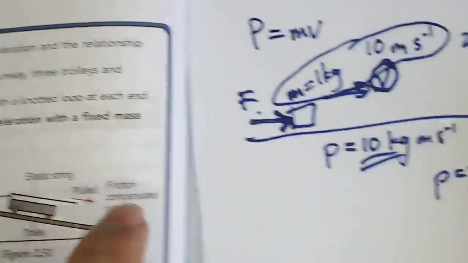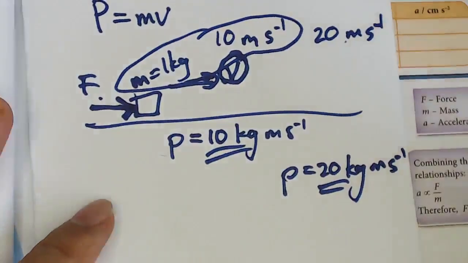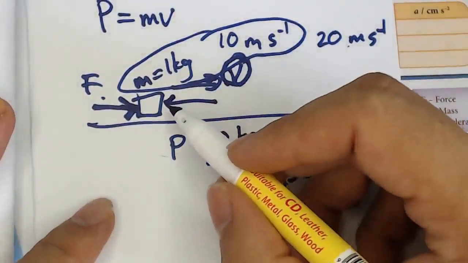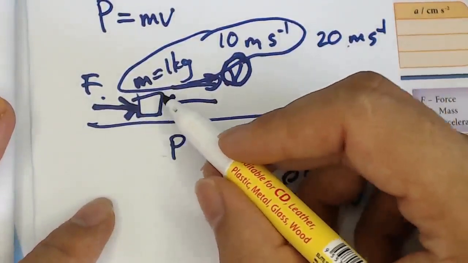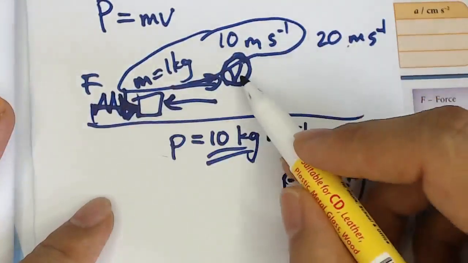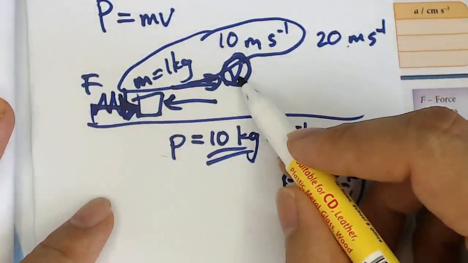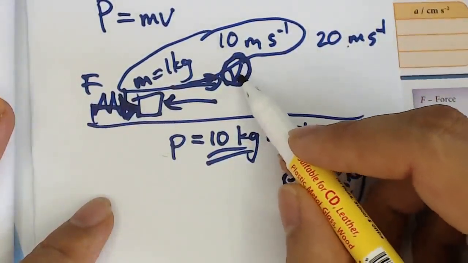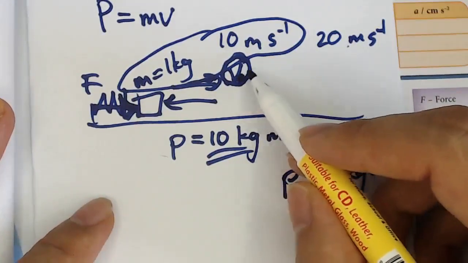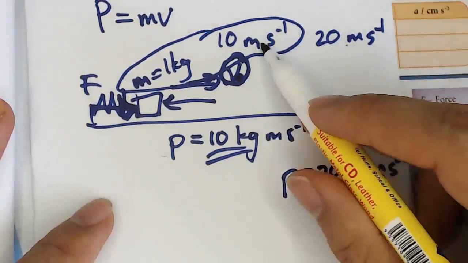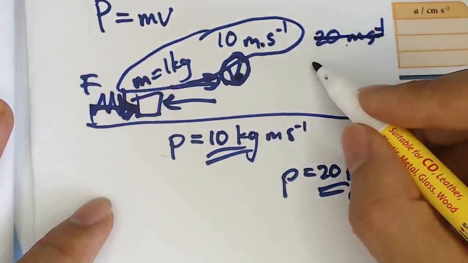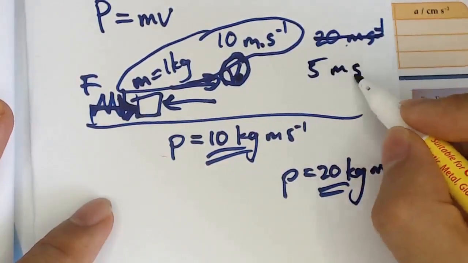Okay, and if you do it the opposite way, let's say you put a force in the opposite direction upon the object, what will happen to this v? It will decrease, correct? From 10, eventually it will become, let's say, 5 only, 5 meters per second.